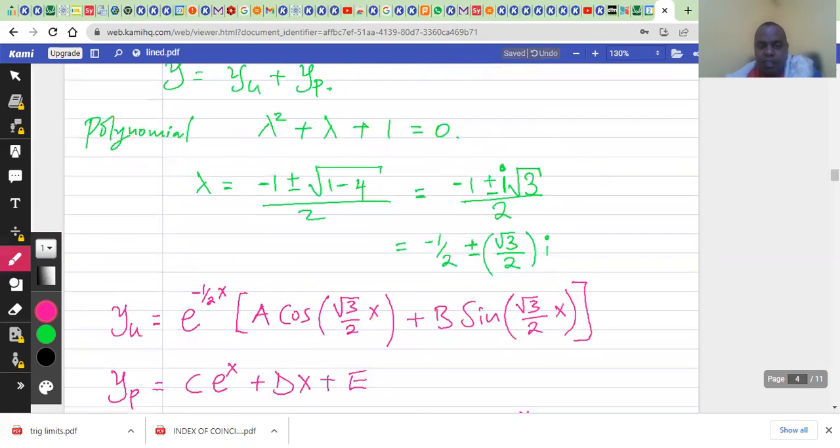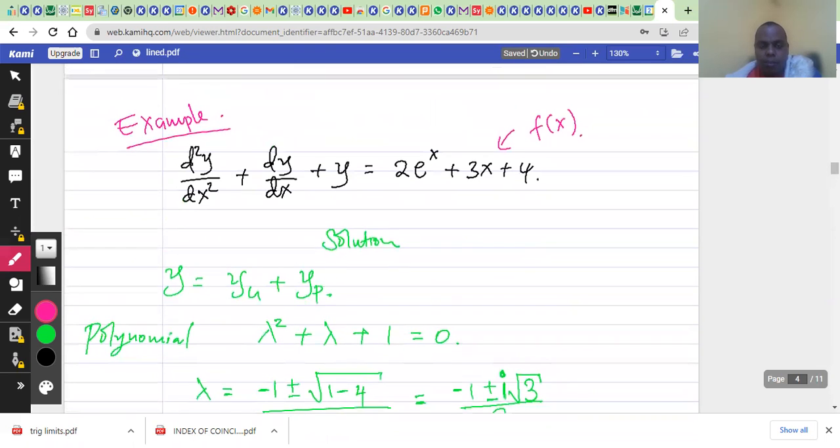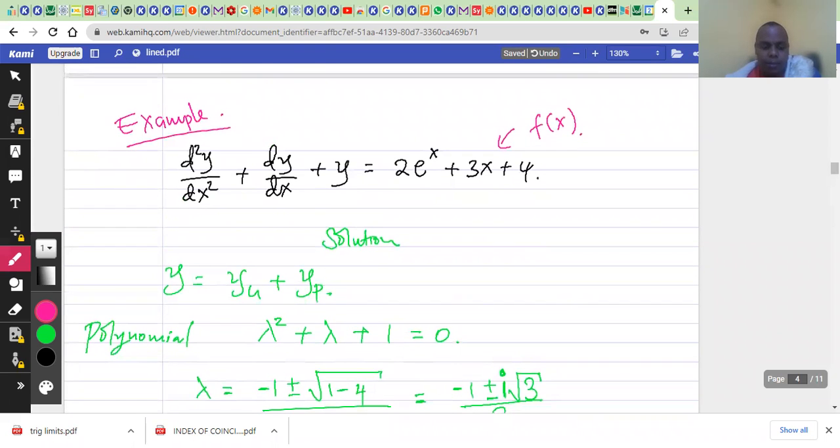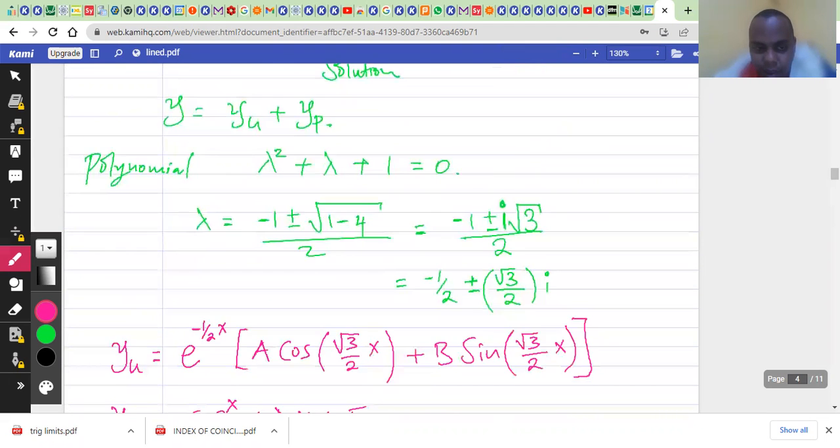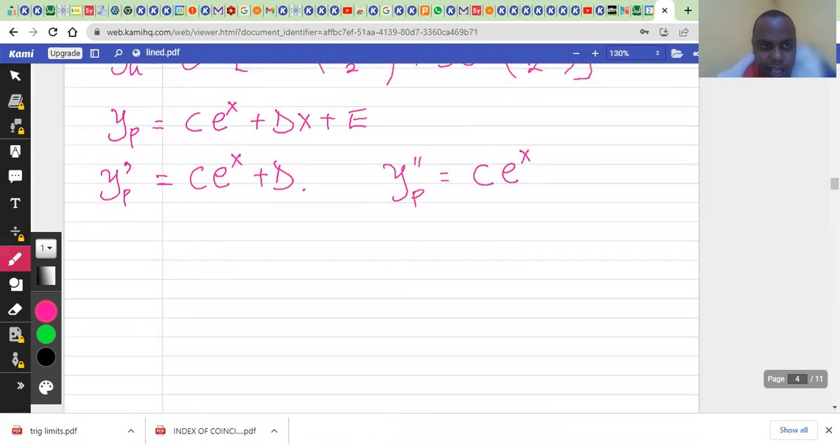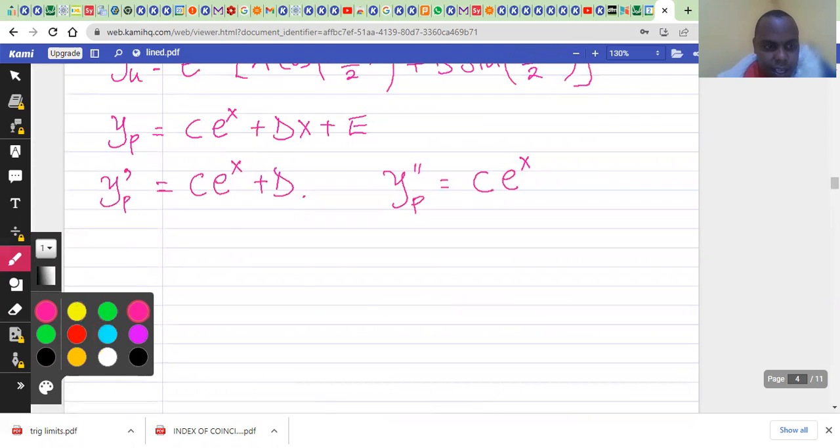And because we believe it's a solution to the ODE, we can go back up and make our substitutions. So instead of the second derivative, we have Ce^x.